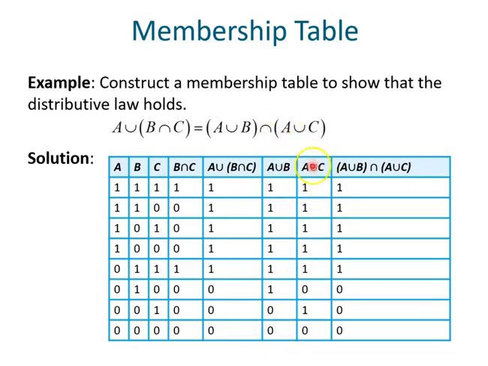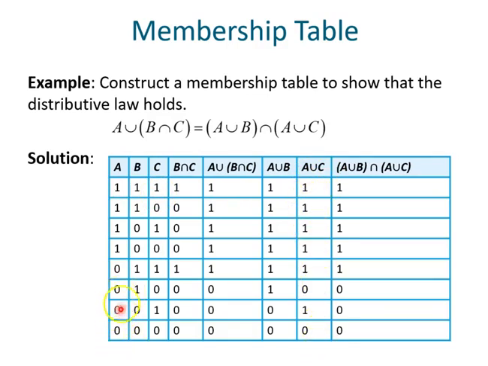Then we start a column and label it with A union C. It will be empty in the beginning, then we fill it out with looking for values in the column of A and in the column of C. In the first row both are 1s, which means that the element under consideration is in A and it is in C, so it will be in the union of A and C. We write 1.